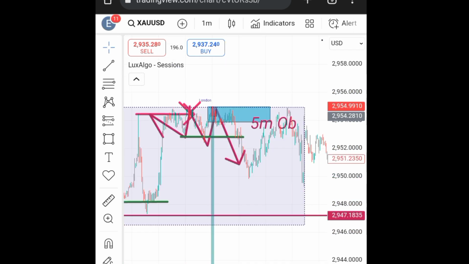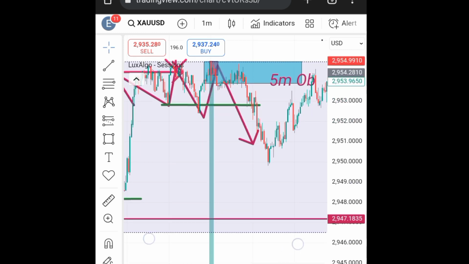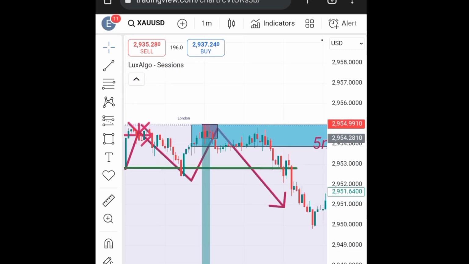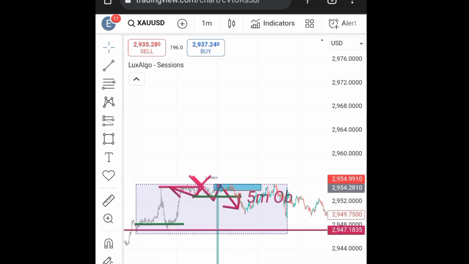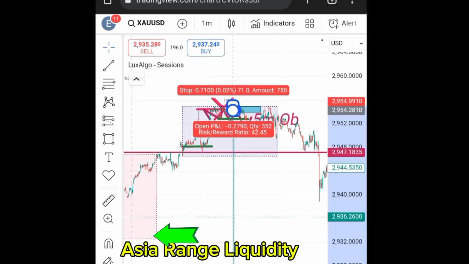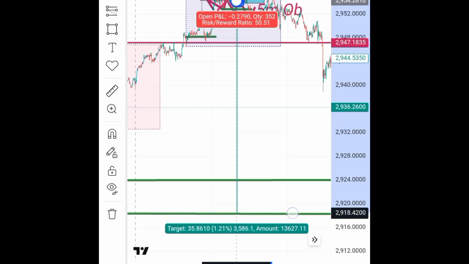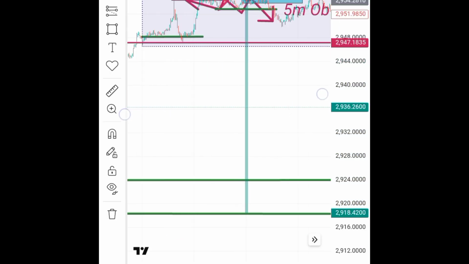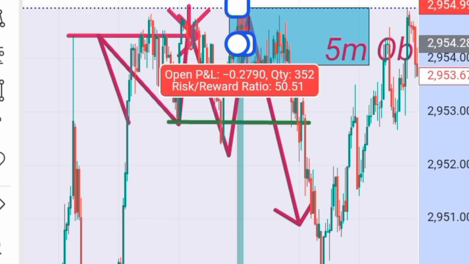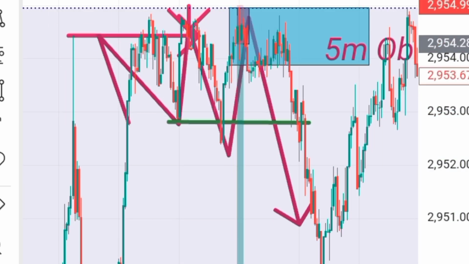Your first TP will be the Asia range liquidity, which will give you 1:30. And upon targeting the previous day low, which is this very last green candle, that will give you 1:50.